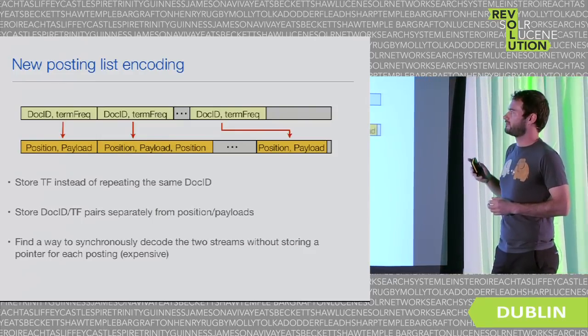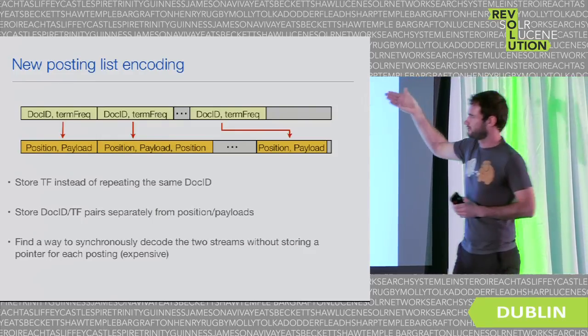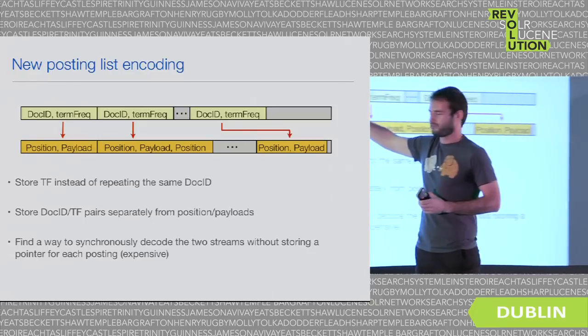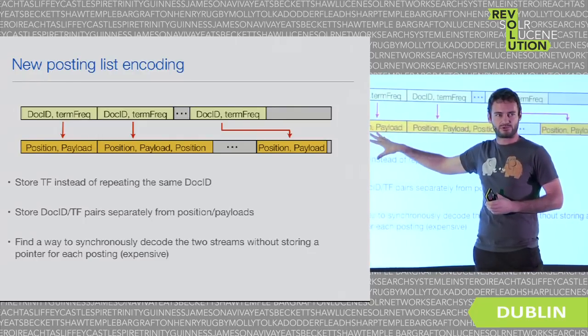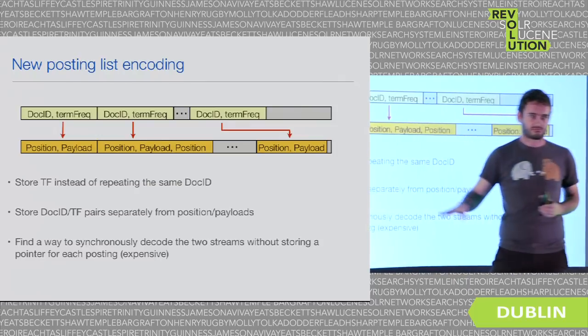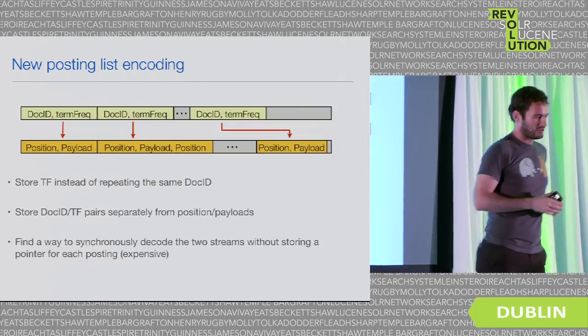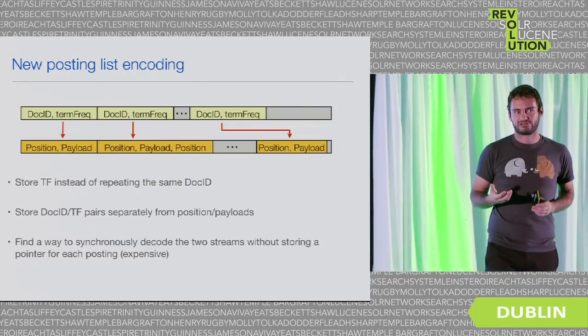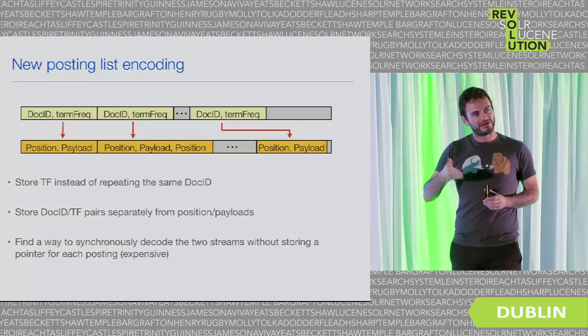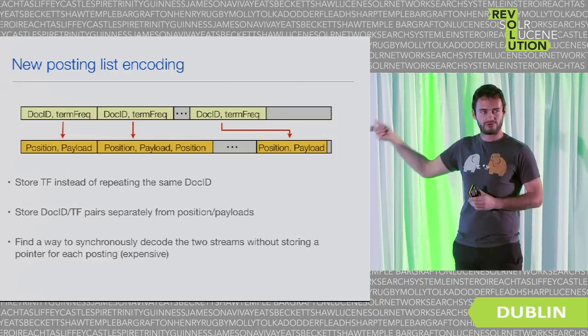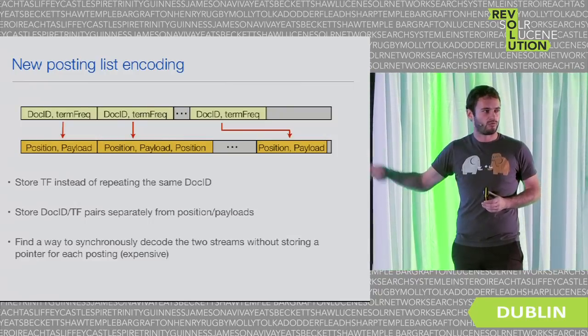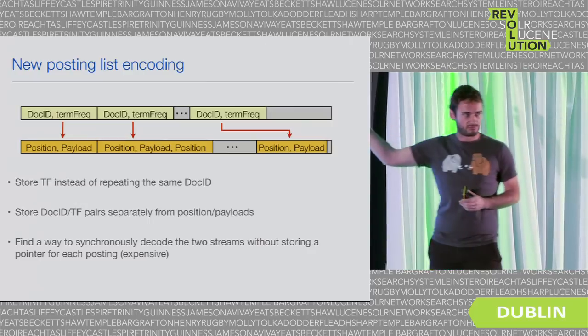The problem now is, how do we correlate the doc ID posting with the corresponding position payload pair posting? It's not an easy problem because you do not want to store a pointer for every single posting, because then the pointer itself would be as big as the posting itself, right?